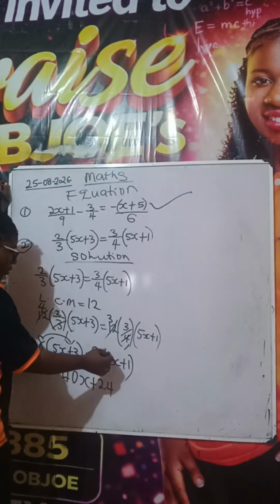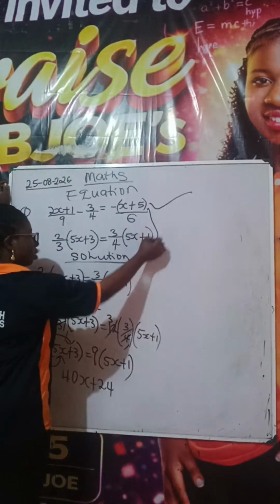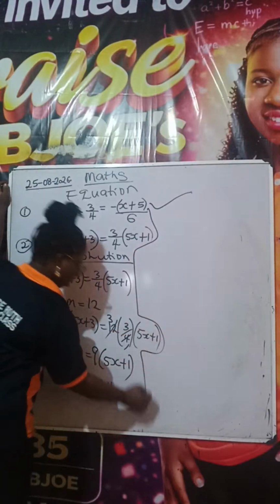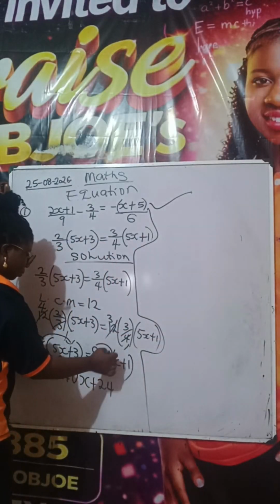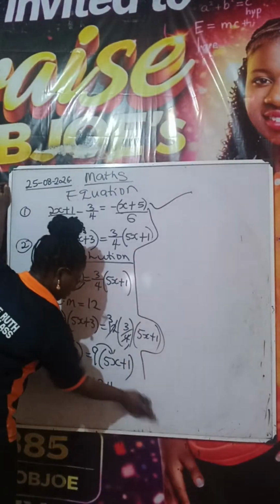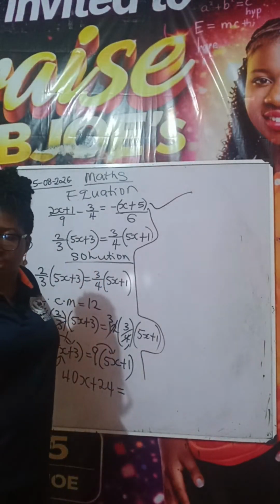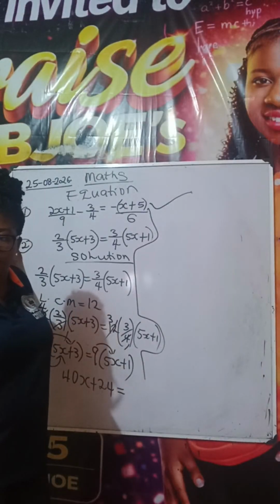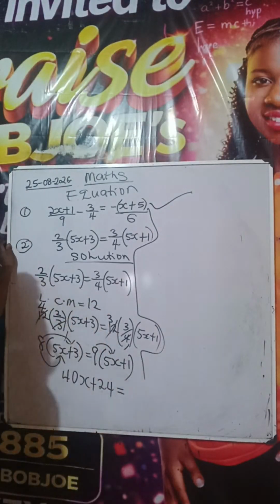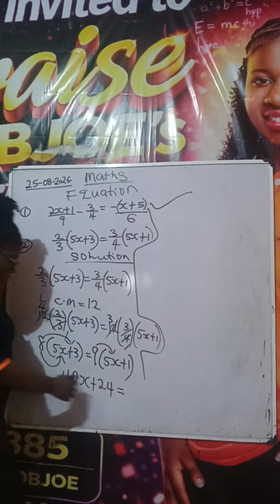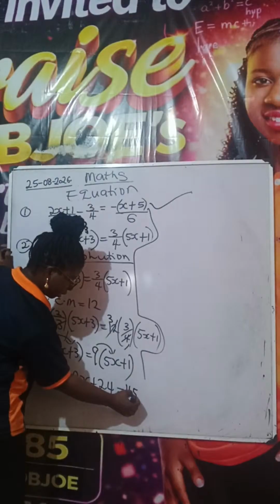Then this 9 will multiply the second bracket. So 9 times 5. 9 times 5, what do we have? So we are getting 45x.